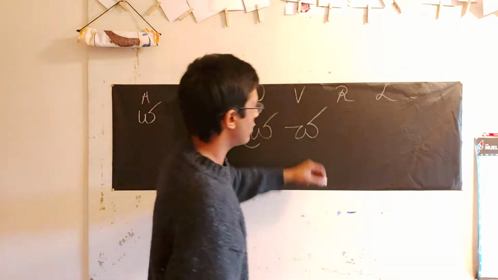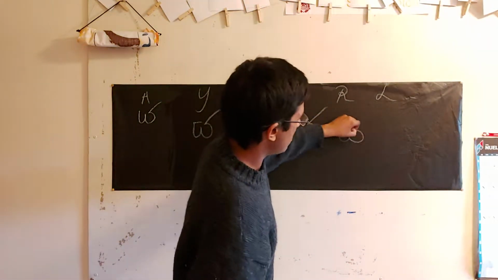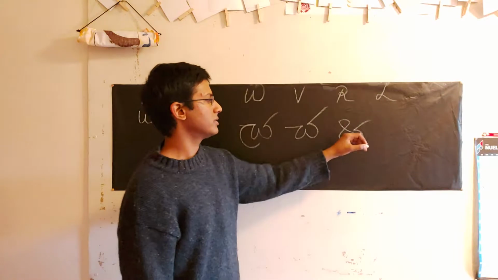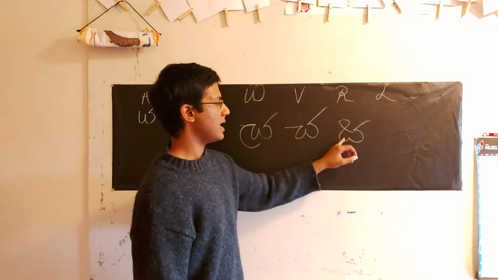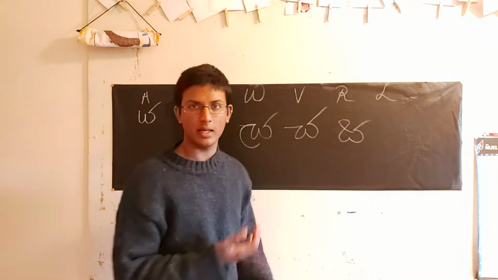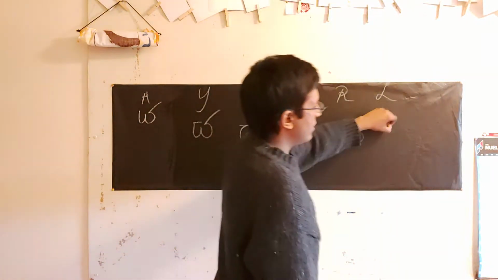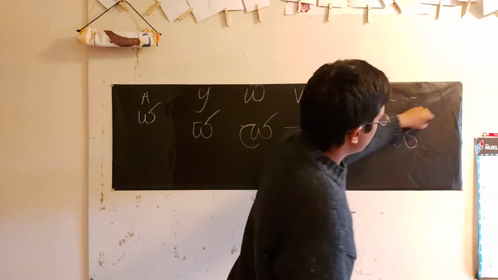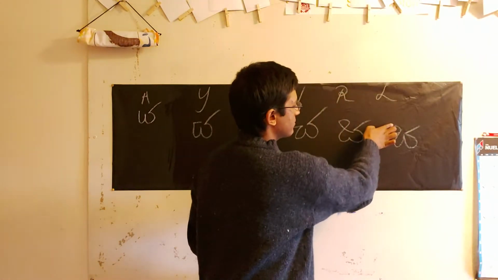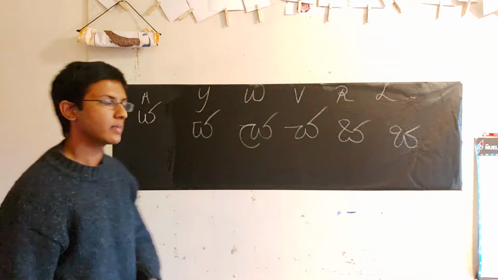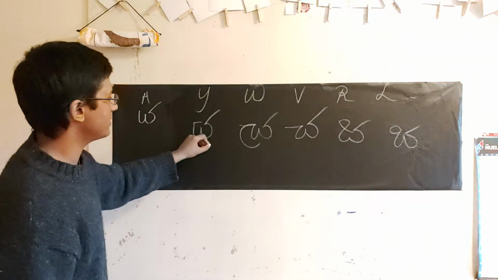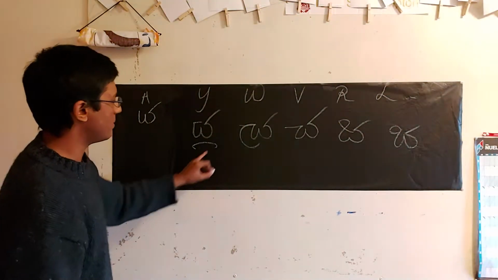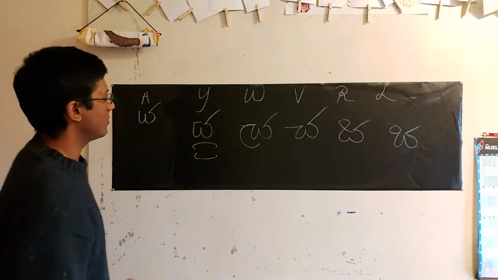Then we have R. R is a little complex to write. It goes from the middle, out and up, and then down and in, kind of making an and sign. Then we've got L, which is simply a circle. So let's write their singular forms. Y is often written like this above and this below.